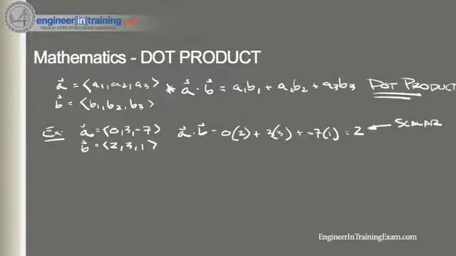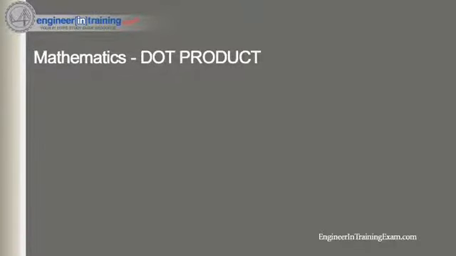Now the dot product can be geometrically interpreted as well. Say we have two vectors, A and B, and that A and B have a specific angle between them, theta.